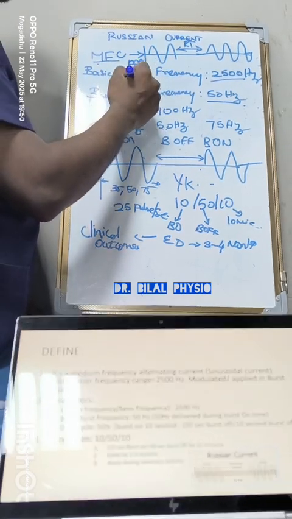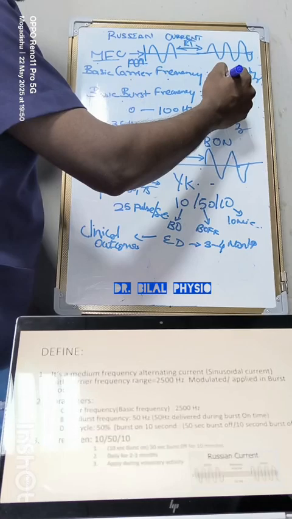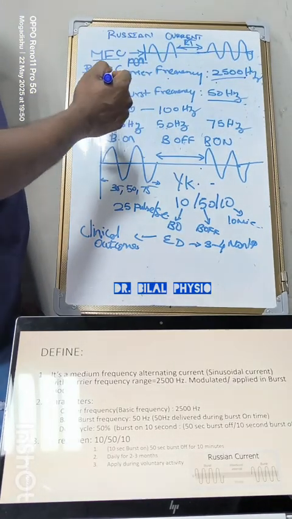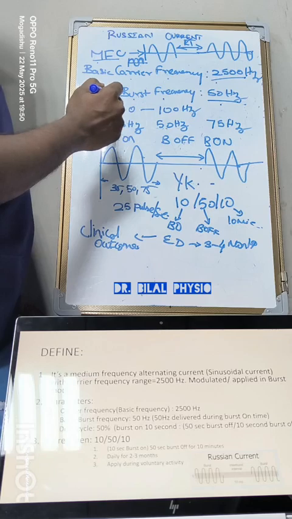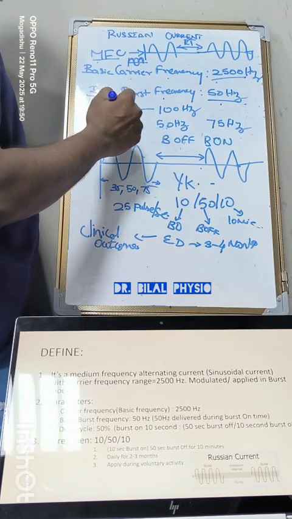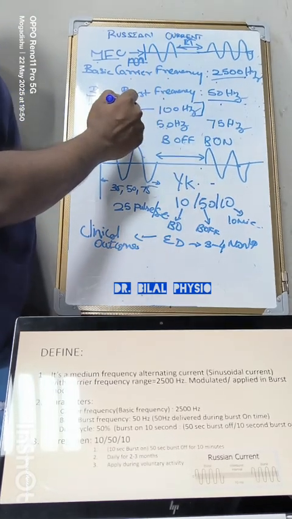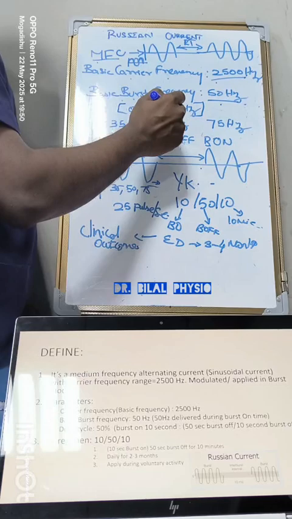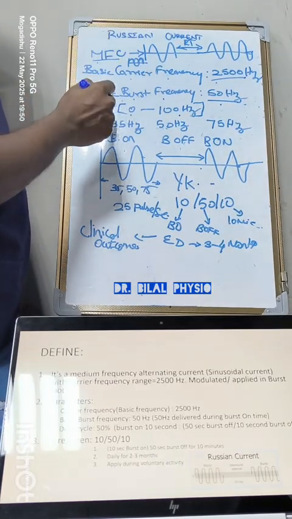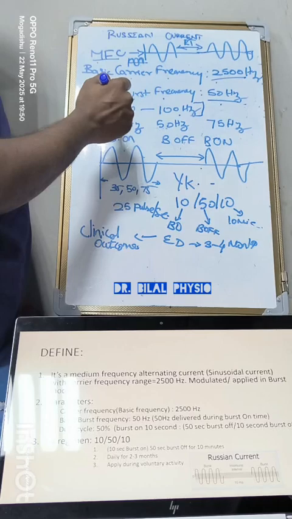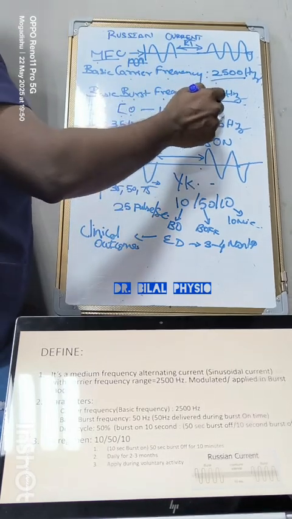It has a basic carrier frequency of 2500 Hz, a basic burst frequency of 50 Hz, and all the equipment modalities will have a burst frequency range between 0 to 100 Hz. Depending on the clinical condition, we may choose within this range, either 35, 50 or 75.